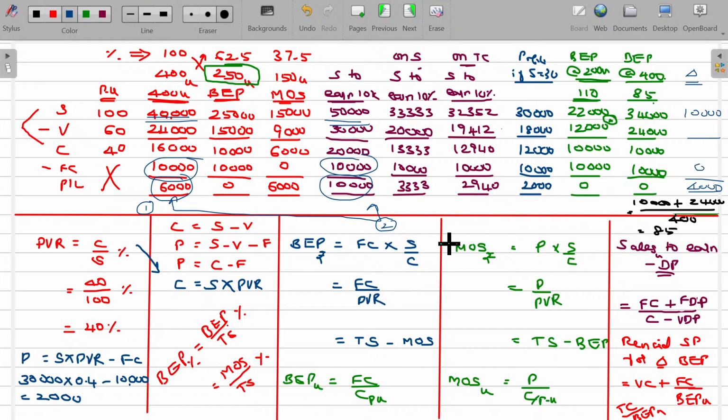We don't have any incremental fixed cost. So automatically the difference in profit becomes the contribution. For the incremental sales, the incremental profit is nothing but the contribution. Incremental sales is the difference in sales, and incremental contribution is the difference in profit. So difference in profit divided by difference in sales is nothing but C bar S only.